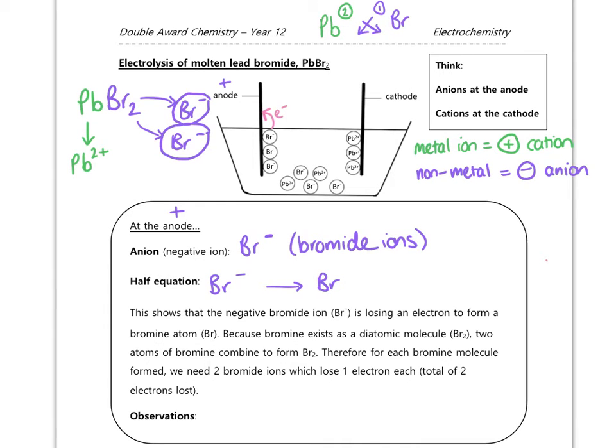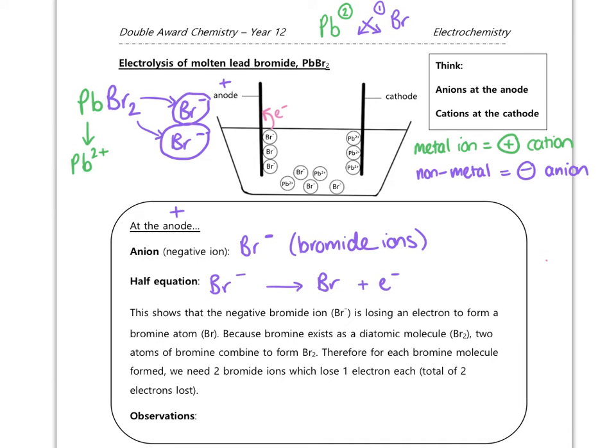And so we need to lose 1 electron. How we show loss of electron is on the right hand side. If you're not so sure about that, just think about writing a half equation overall. To balance that half equation, I would need to put an electron on the right hand side because my left hand side is already negative.